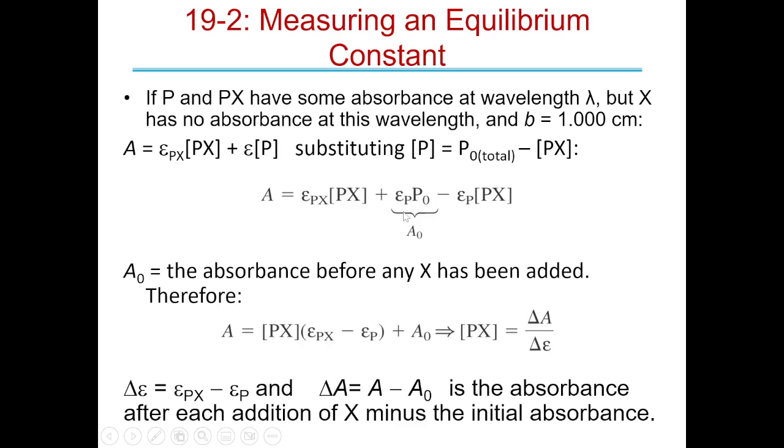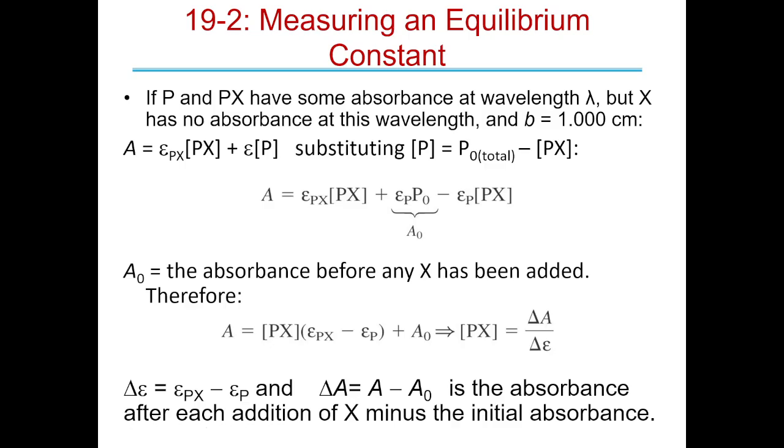We can rearrange this to simplify it so it looks like a linear equation. So the absorbance equals the concentration of PX times the extinction coefficient PX minus the extinction coefficient of P, plus the absorbance at time 0.